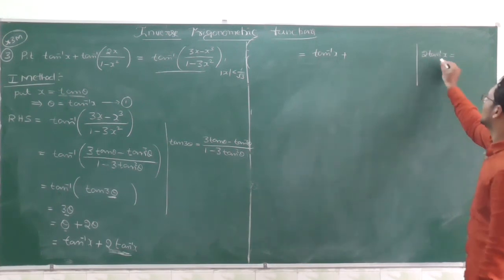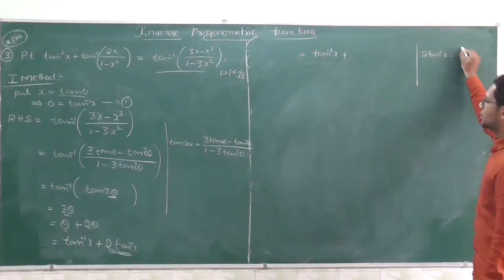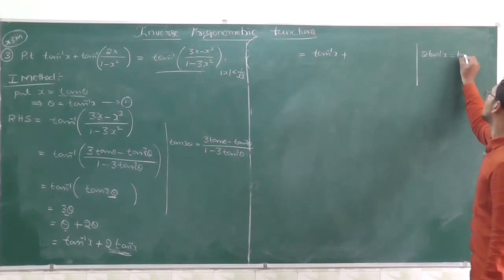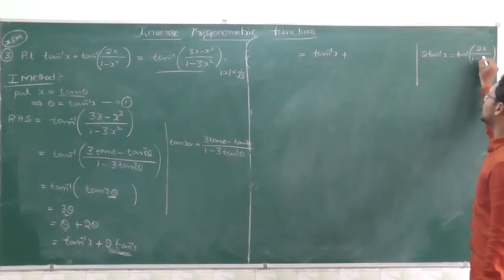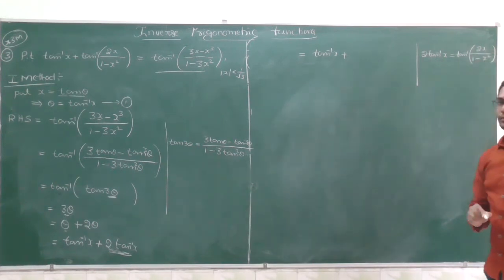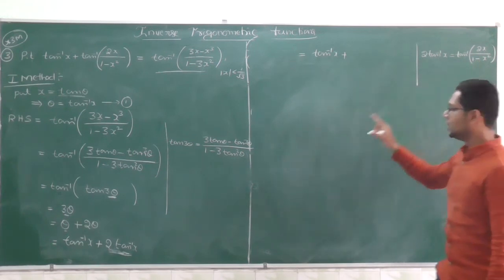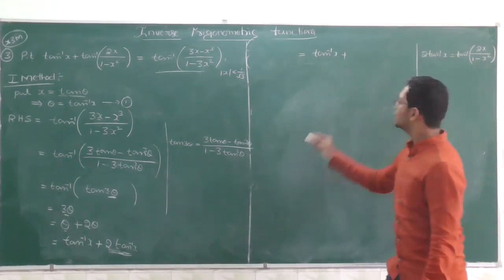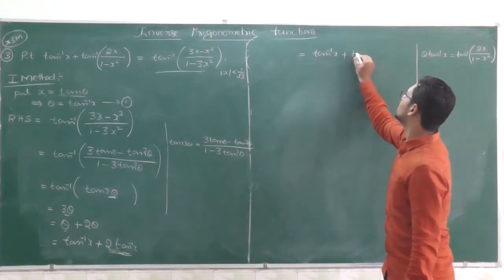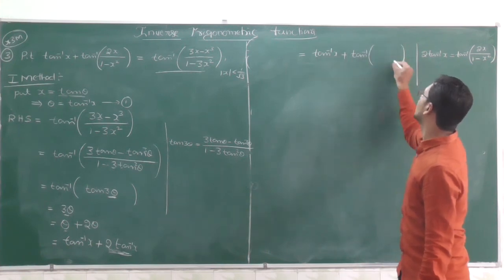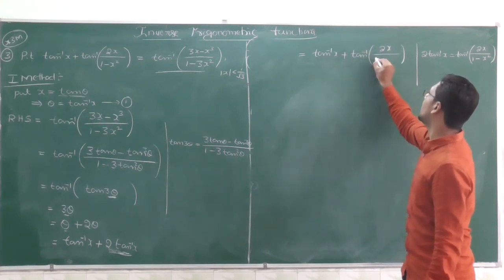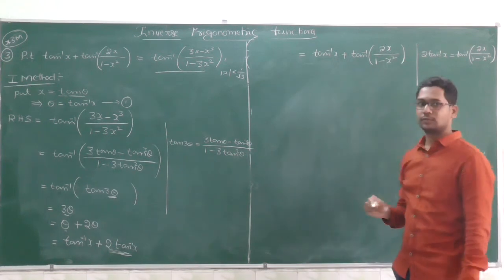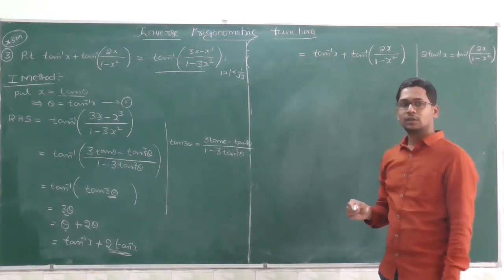You just recall it: 2 tan inverse x is tan inverse of 2x by 1 minus x square. By using this property, 2 tan inverse x can also be written as tan inverse of 2x divided by 1 minus x square, right?